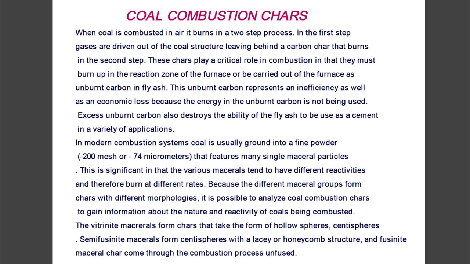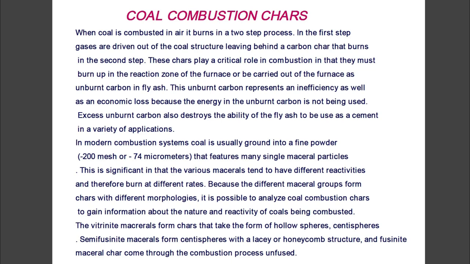This unburned carbon represents an inefficiency as well as economic losses, because the energy in the unburned carbon is not being used. Excess unburned carbon also destroys the ability of the fly ash to be used as cement in a variety of applications.